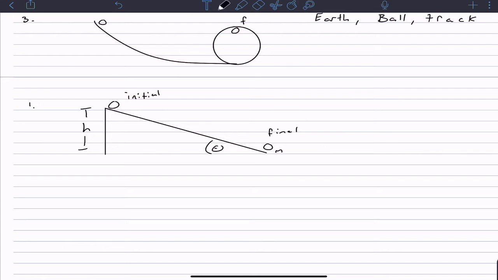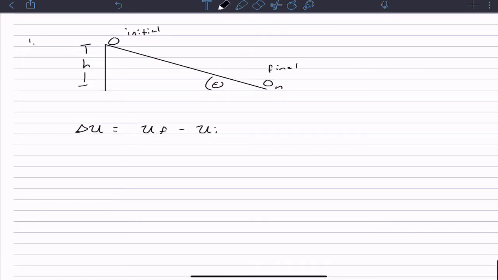So what we do is we set this up. Delta U, the change in potential energy, is going to be U final minus U initial, where U is your gravitational potential energy, and this is mg 0, because we're going from height h to 0. Let's just define our 0 axis down here, right?